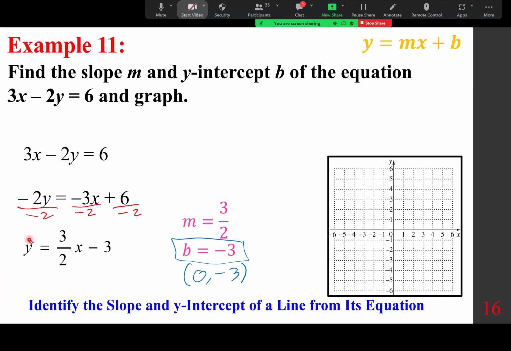Now, we can find the x-intercept and graph it. Or let me quickly show you both methods. Using the slope, remember this gets added to the x coordinate, we get 2, and this gets added to the y coordinate, and we get 0.